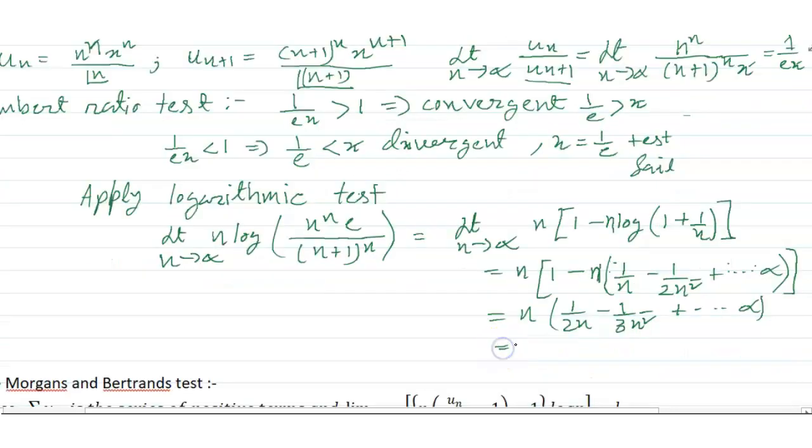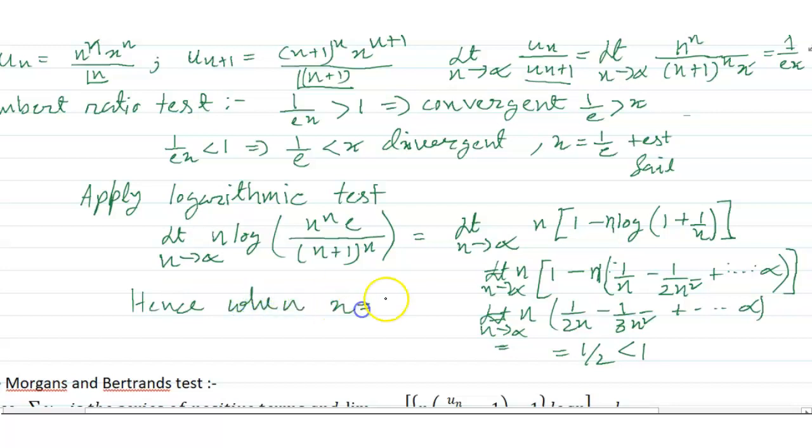And hence I get, when limit n tends to infinity, the limit equals to half. This value is less than 1. Hence when x is equal to 1 by e, then the series is divergent.